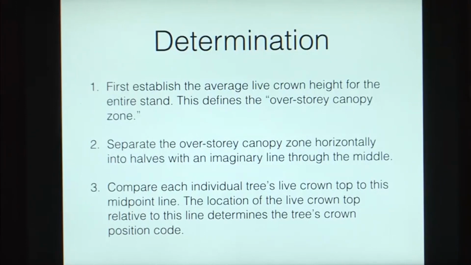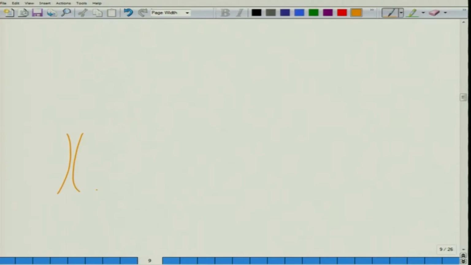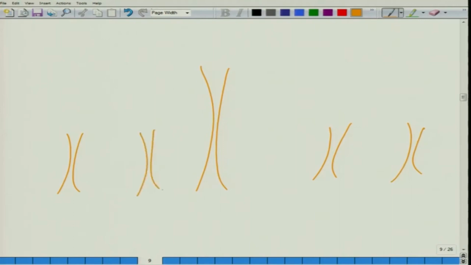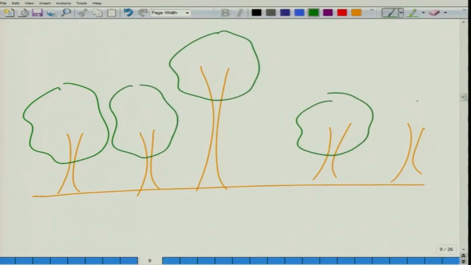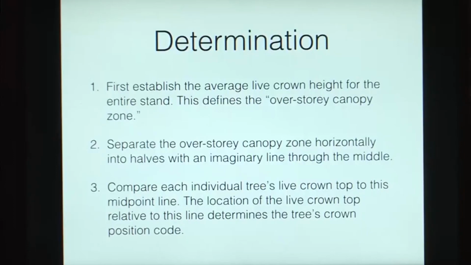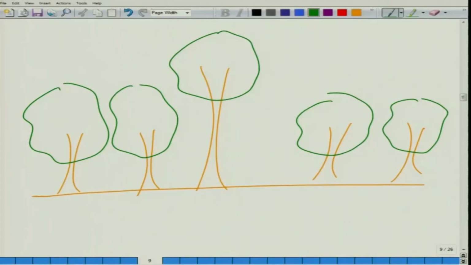So, for instance, if you had a tree here, maybe a tree here, another tree here, another tree here, and maybe another tree here. So, all these trees have different heights and their crowns are also at different heights. So, the first thing is to establish the average live crown height. So, what is the average height that you will figure out?